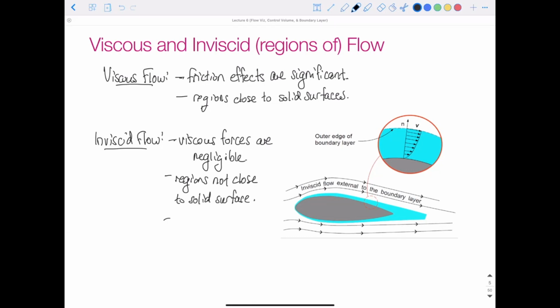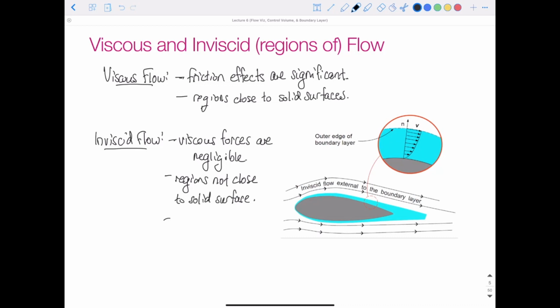And I'll also say that what gives rise to viscous forces is a velocity gradient. So if we look at this example over here, we have airflow over an airfoil, and we can see the shaded blue region would be the region where we would have viscous effects that would dominate the flow. So that would be a viscous flow region.